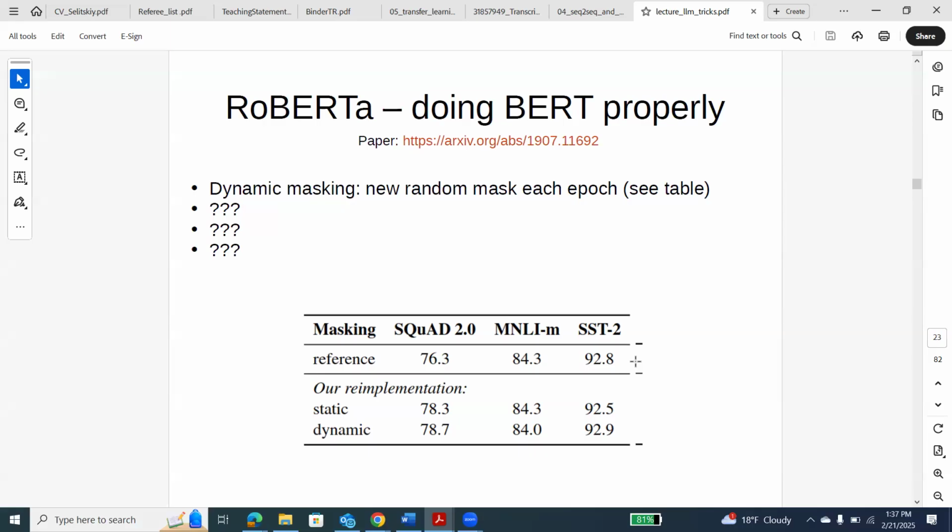It turned out that we don't need that. For the first model, people just tried something and it worked. But then people tried other things. The first observation was that it's unnecessary to use the next sentence prediction task. The masking is enough.